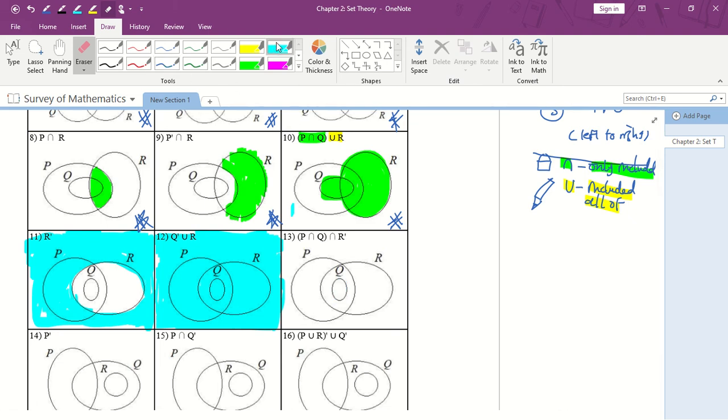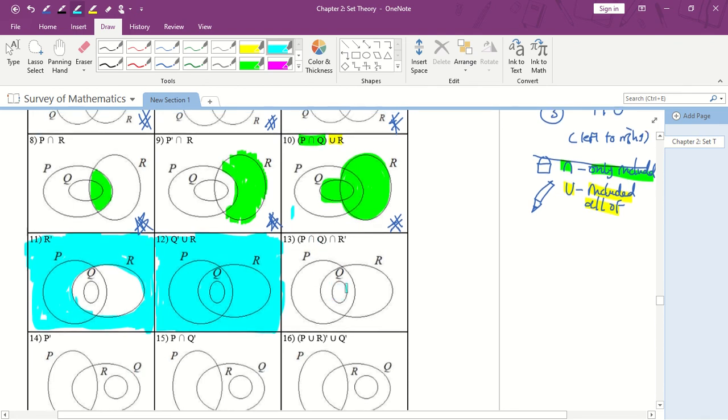You might be confused. Let me show you one more time. P intersect Q means that it's this region. But here in the next step, it says intersect R prime. Intersect R prime means out of this region, only include R prime.